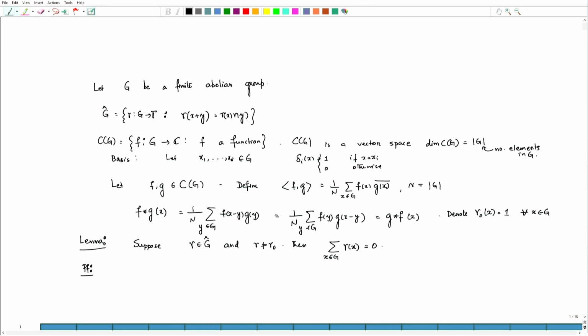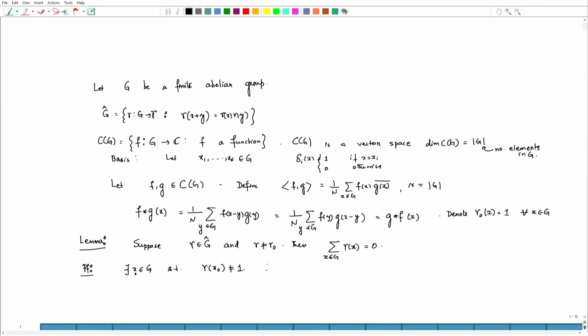In this case, because gamma is not the trivial character, there exists x naught in G such that gamma of x naught is not equal to 1. Otherwise, if it is 1 for every x in G, it is going to be the trivial character.